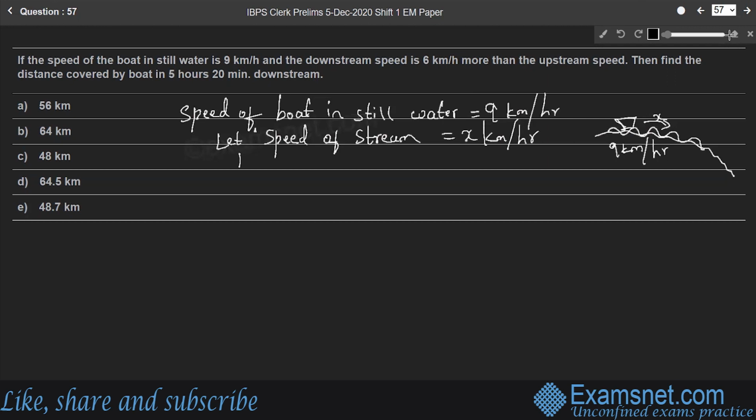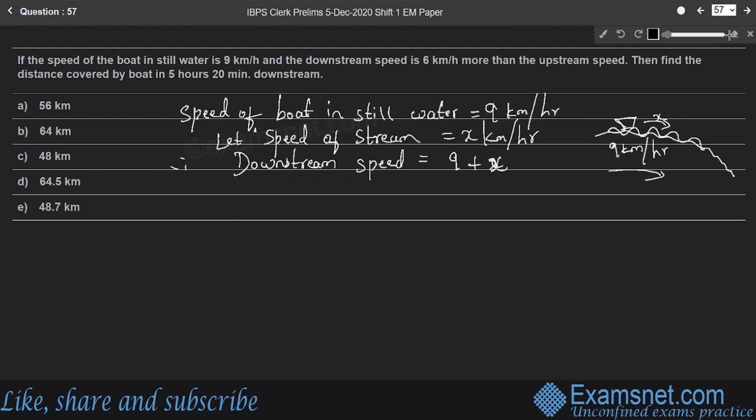Then the downstream speed becomes the speed of the boat in still water plus the speed of the stream. This becomes the downstream speed.